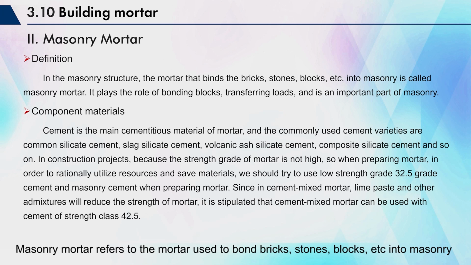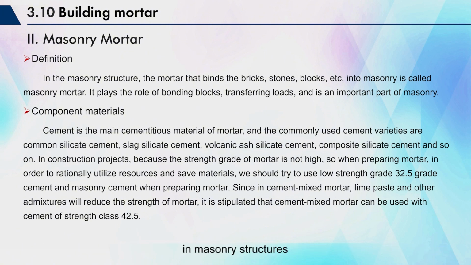Masonry mortar refers to the mortar used to bond bricks, stones, blocks, etc. into masonry. In masonry structures, it is called masonry mortar, and it plays a role in bonding blocks and transmitting loads, and is an important component of masonry.